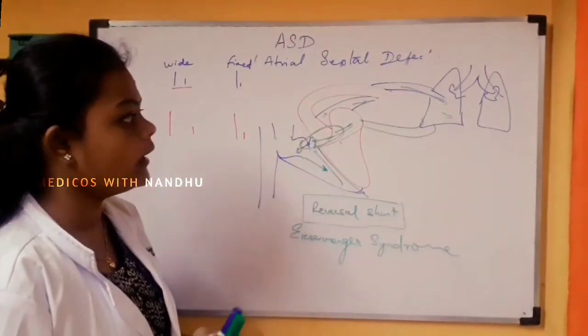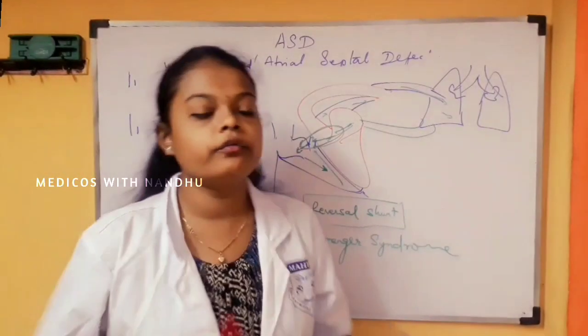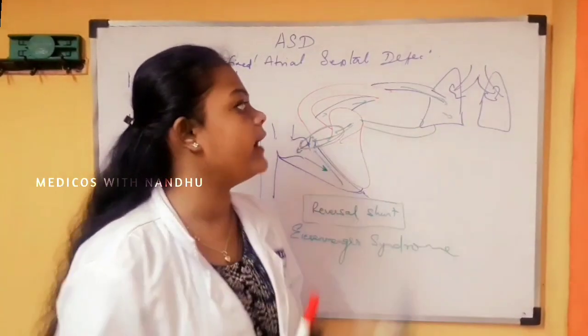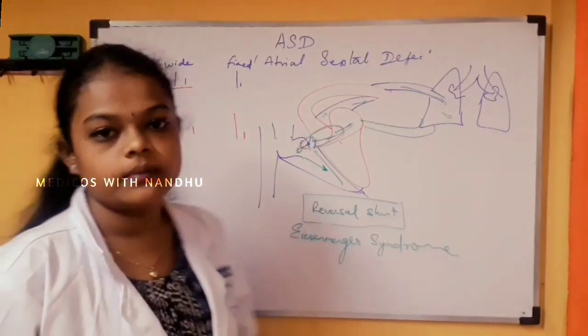Okay, and then the systemic flow will be over the pulmonary valve. These are the symptoms normally.